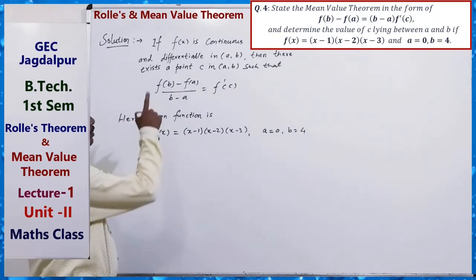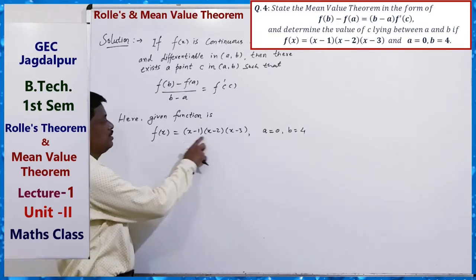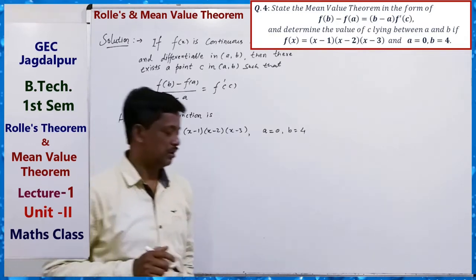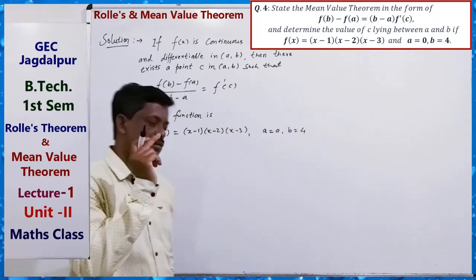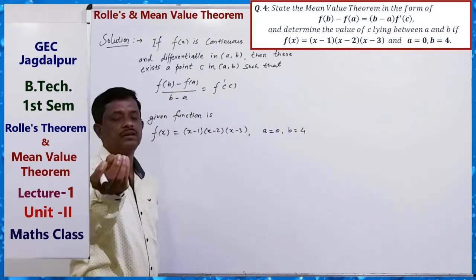After multiplying it out, we get a third degree polynomial.